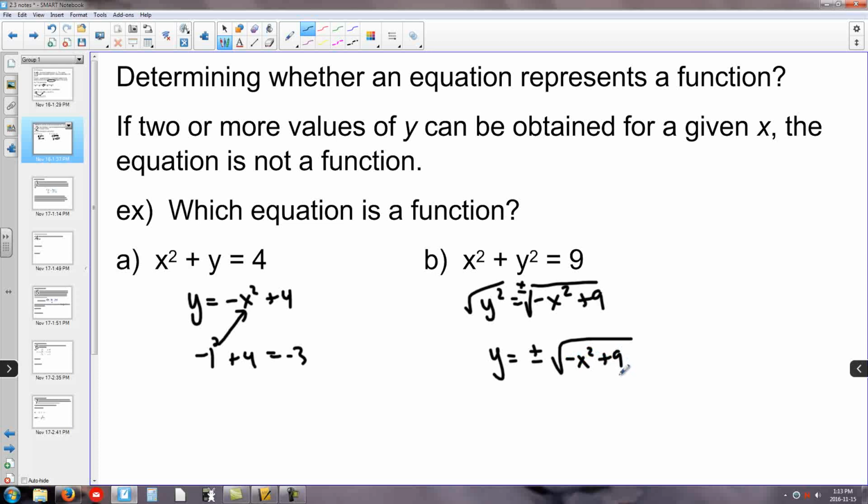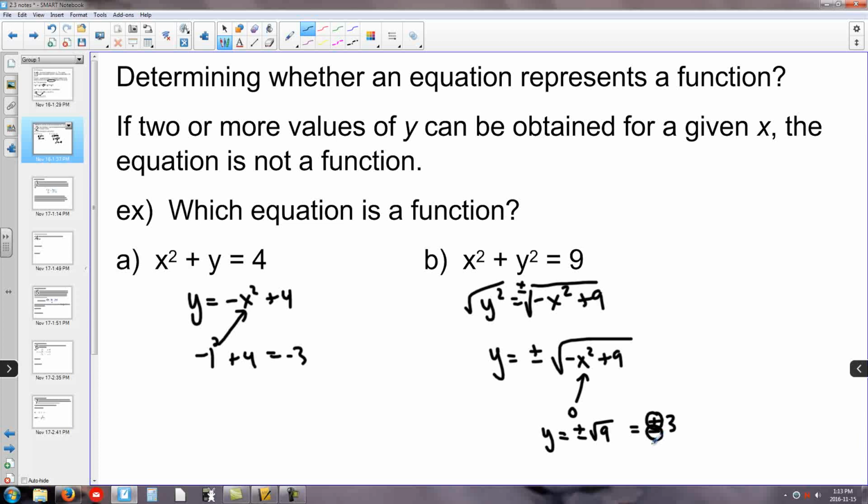So the issue here is that if I put a number like 0 in here, 0 squared is 0, plus 9 is 9. So y would equal plus or minus the square root of 9, which is plus or minus 3. But because I have a plus or minus, that means I have two choices.